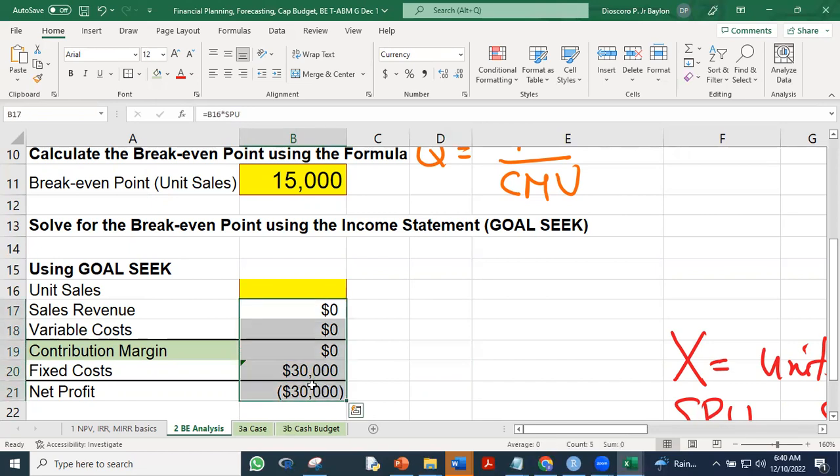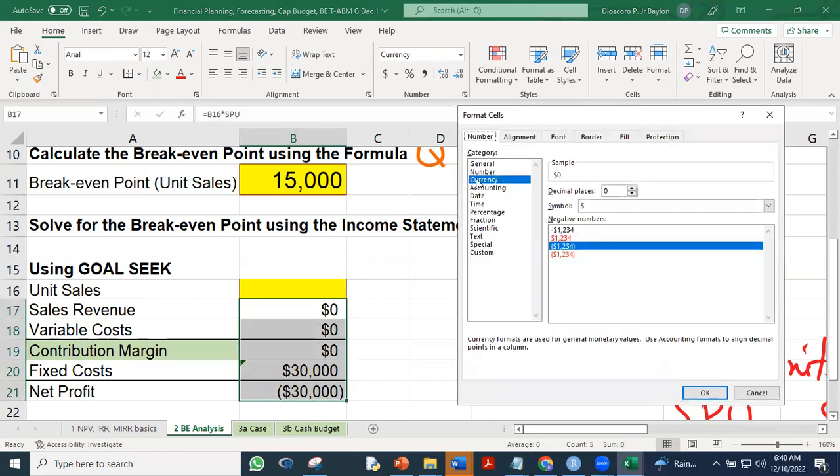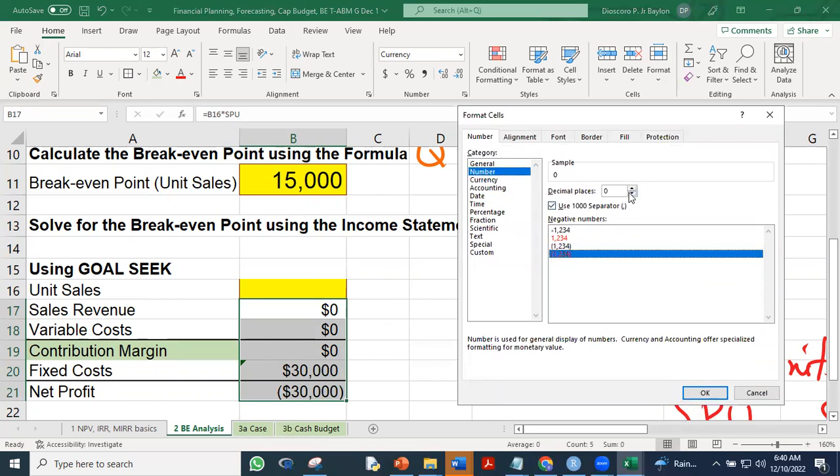So let me just format this, Control 1, and maybe 2 decimal places will do.